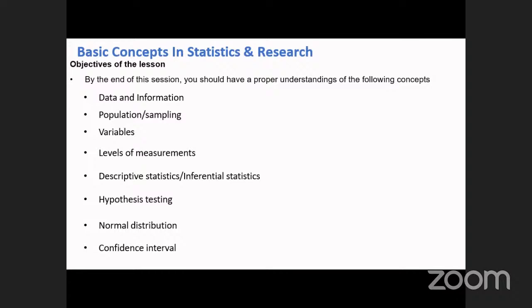We can talk about different types of validity and reliability, but that is not really of our prime interest at this particular point. What we are emphasizing is that as a researcher, the most important aspect when it comes to data collection is making sure that the instrument is reliable, the instrument is valid, and that the questions you are setting will help you attain the objective of the study.